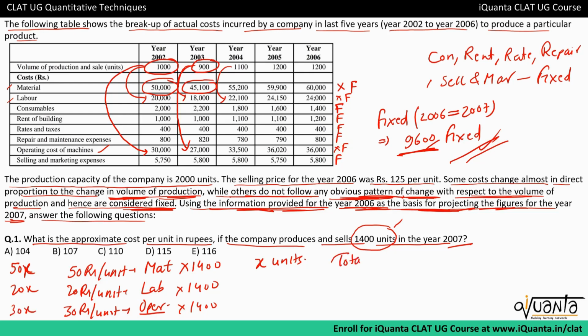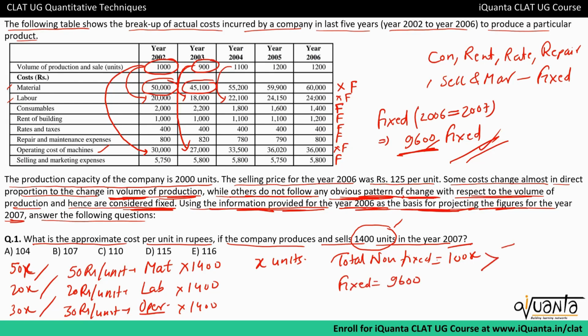So total non-fixed cost will be equal to how much? It will be equal to 50x plus 20x plus 30x, which gives us 100x. That means in a particular year, non-fixed cost will be total 100x. X is the number of units, and fixed cost in every year, it will always be 9600.